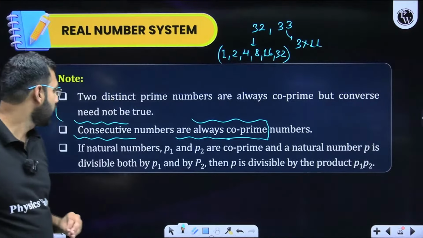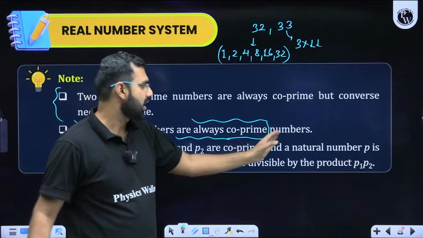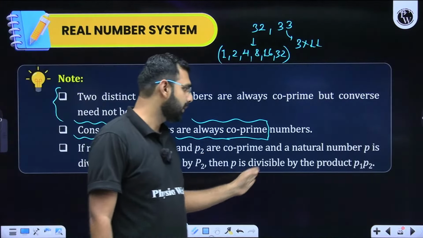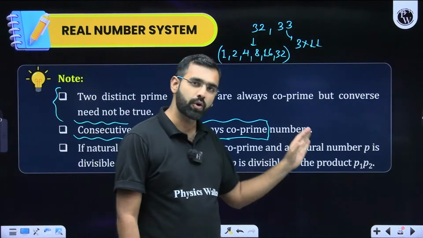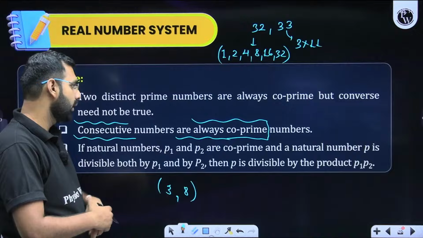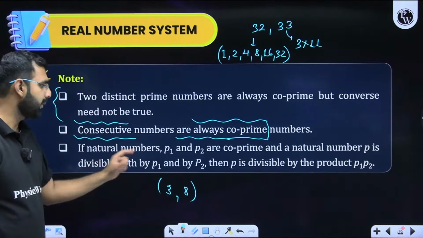Now, if natural numbers P1 and P2 are co-prime, and the natural number P is divisible by both P1 and P2, then P is divisible by the product of P1 and P2 as well. What does it mean? Let's say I take two co-prime numbers, 3 and 8. We know 3 and 8 are co-prime because there is nothing common between them. Now a natural number P is divisible by both P1 and P2.